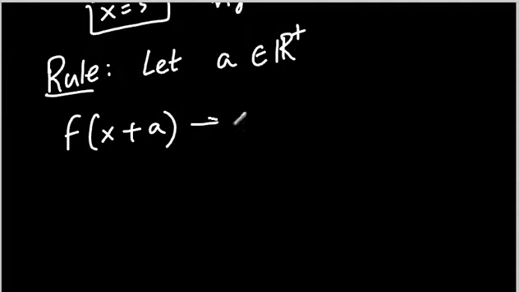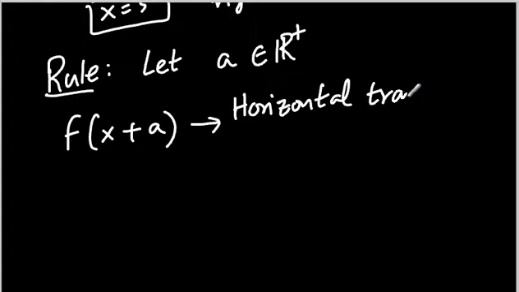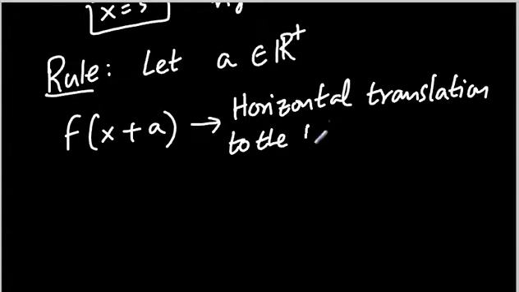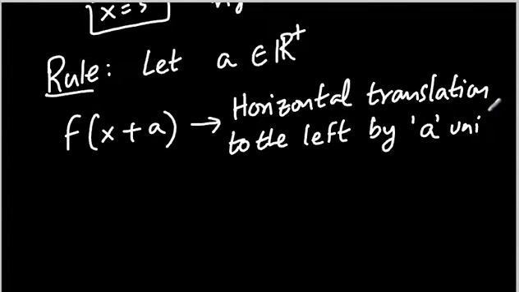So in other words, it's a horizontal translation to the left by a units. So for example, if a was 2, it just means that we horizontally translate this function to the left, not to the right, even though it's plus, to the left by 2 units.